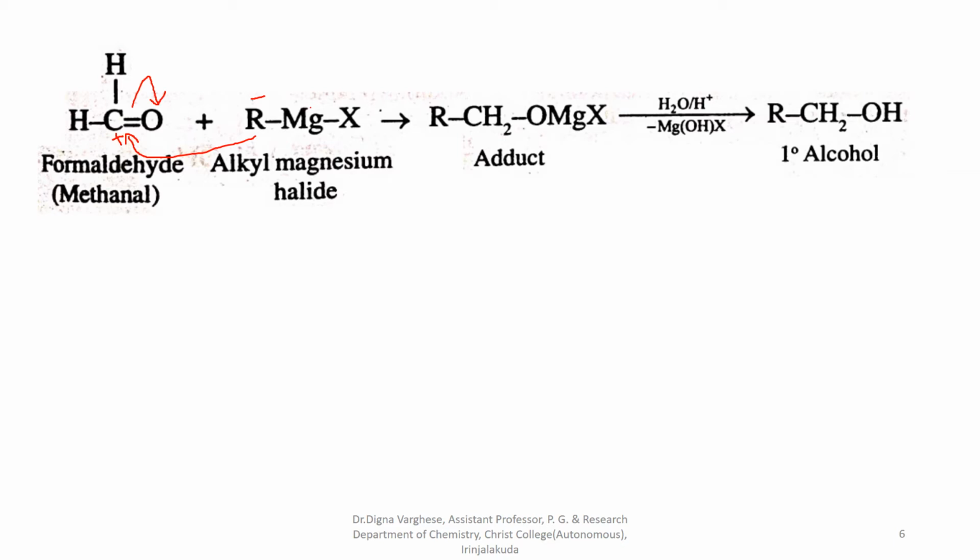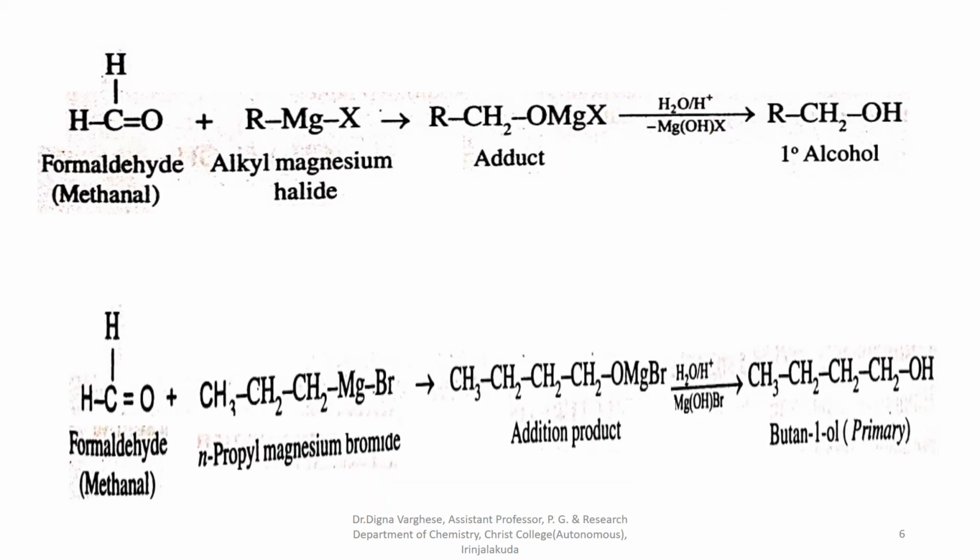So here you can see the O negative, magnesium positive adduct forms, which undergoes acid hydrolysis, forming alcohol and MgOH halide. So we get a primary alcohol. When we use formaldehyde with alkyl magnesium halide, it will give a primary alcohol.